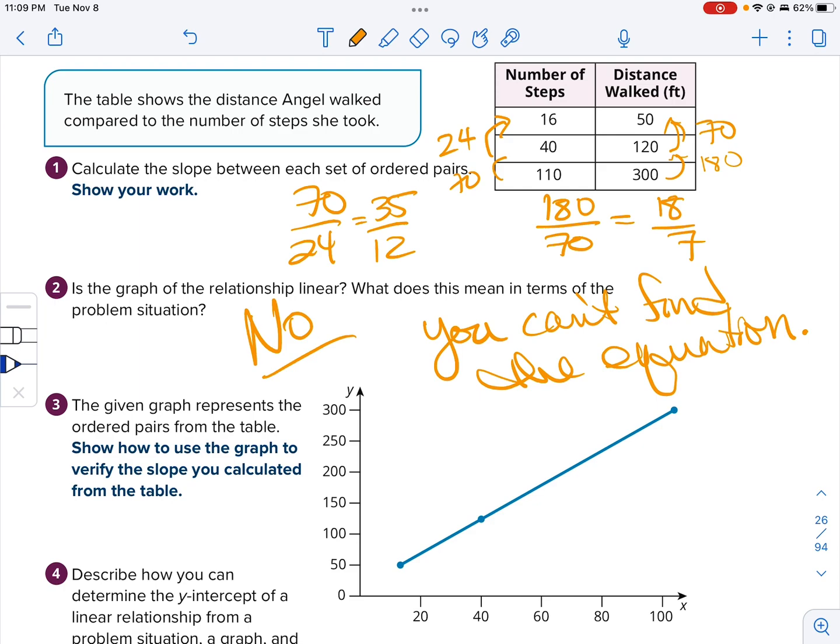Okay. So we went from 120, that's 70, and we went from 16, that's 24.